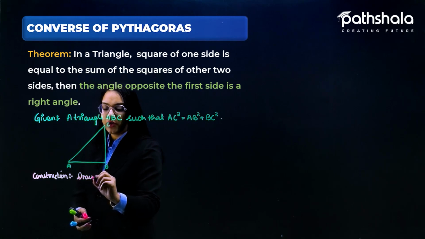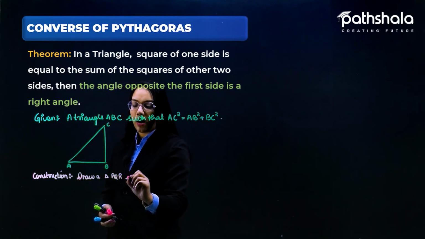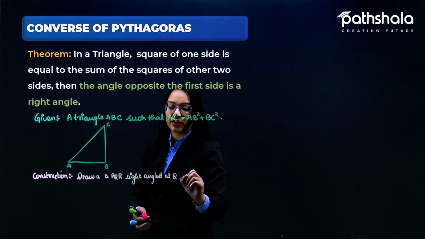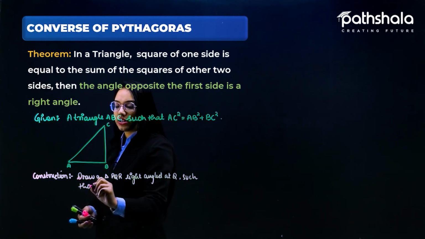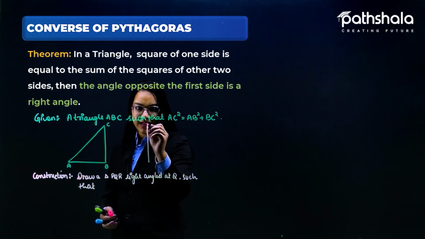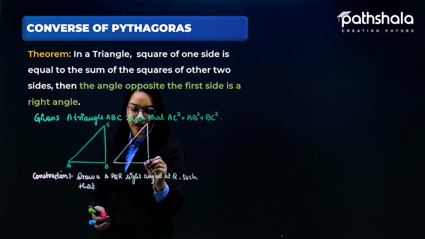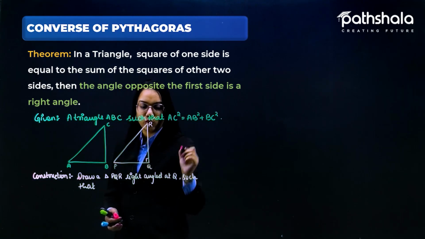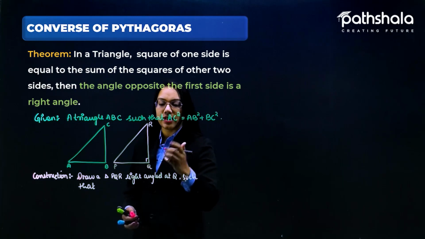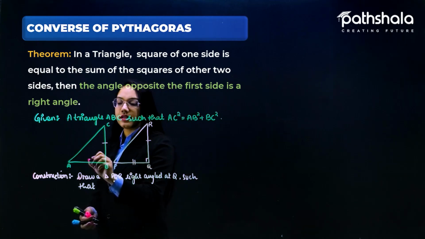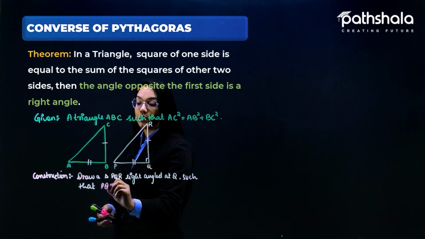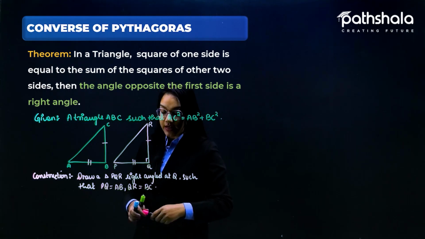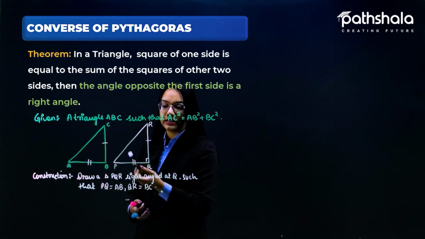Let us draw a triangle PQR right angled at Q. I'm drawing a right angle triangle and calling it P, Q and R, right angled at Q, and I'm constructing this triangle in such a way that PQ is equal to AB and QR is equal to BC. So we are taking this triangle in such a manner that these sides are equal to each other.